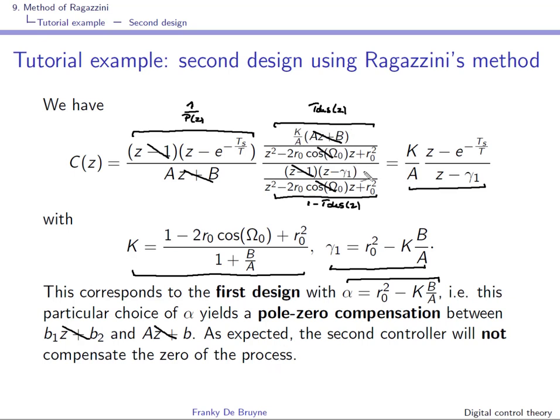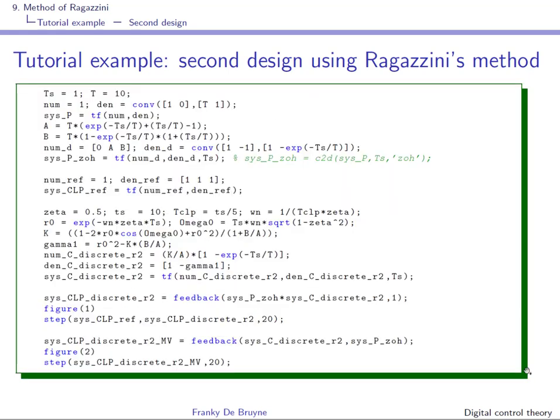the desired transfer function. This is the Matlab code to implement the second design, and well, the first part up to here is of course the same, and what differs is the construction of this second controller. Okay, so you can recognize here the numerator and denominator of this second design.